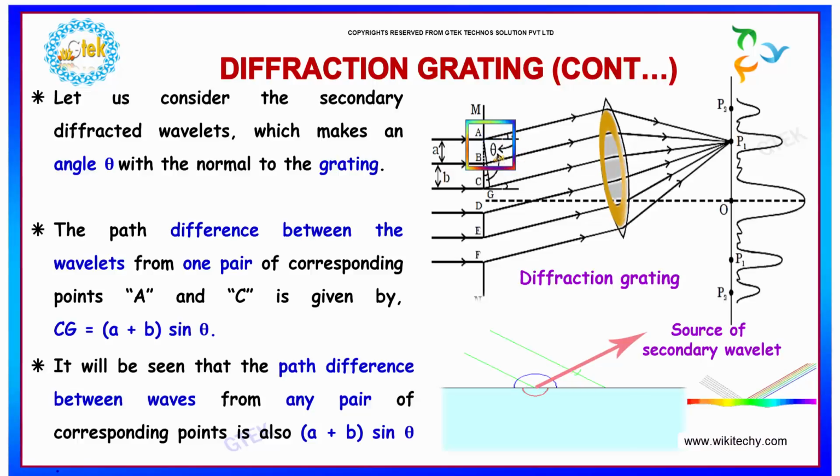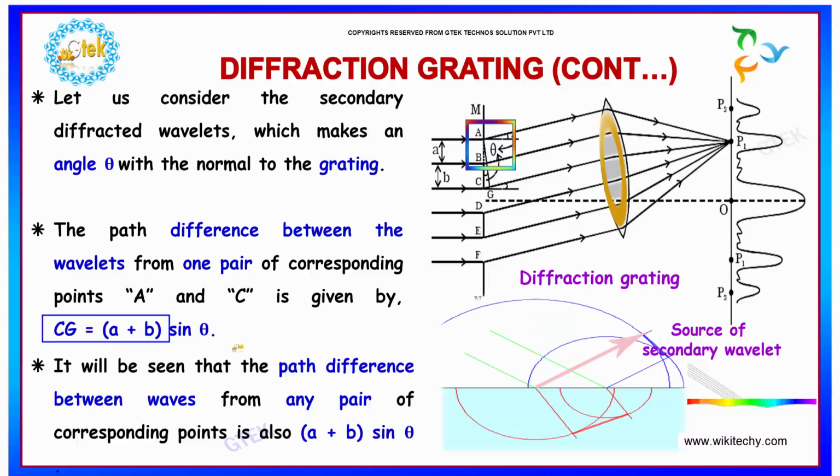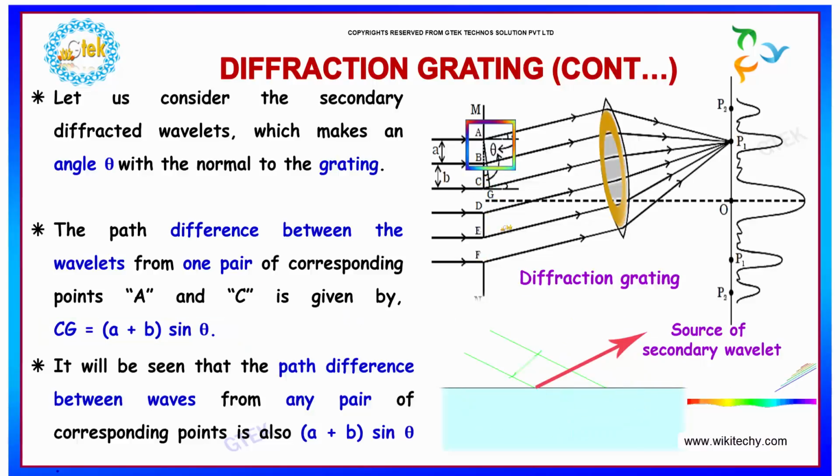The path difference between the wavelets from one pair of corresponding points A and C is given by CG equal to (A plus B) sin theta. It will be seen that the path difference between waves from any pair of corresponding points is also (A plus B) sin theta.